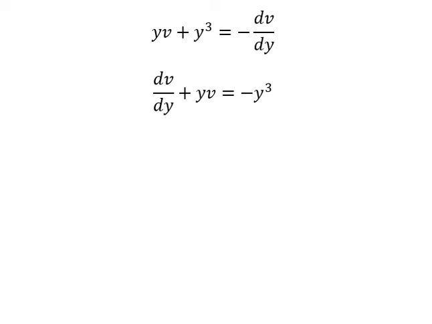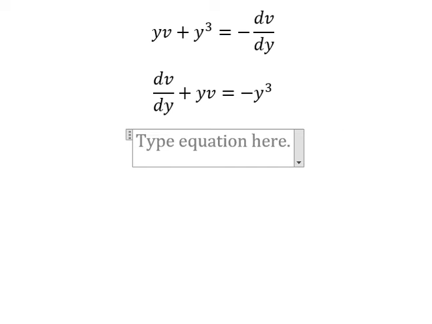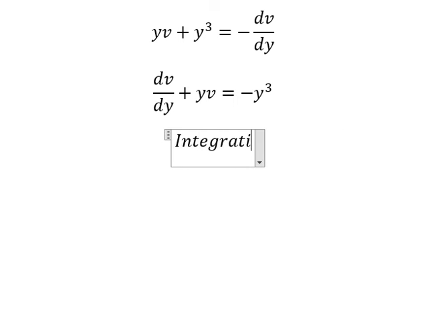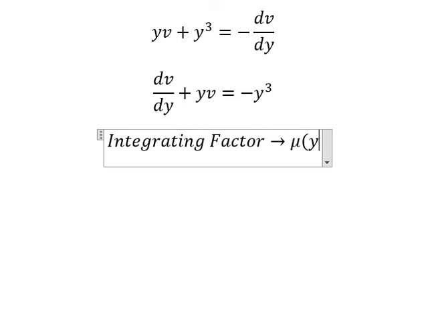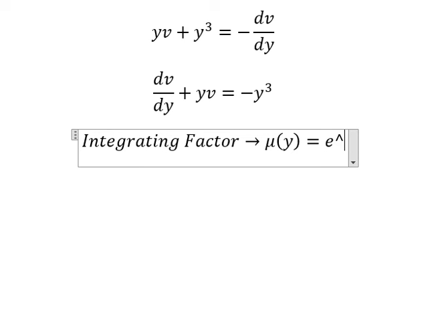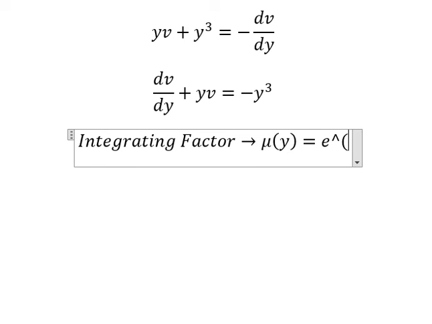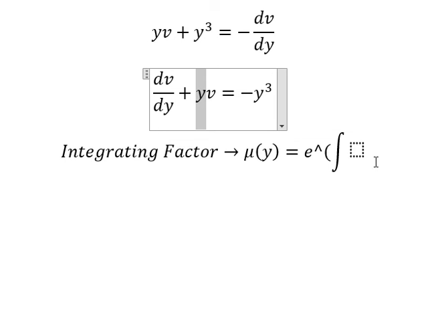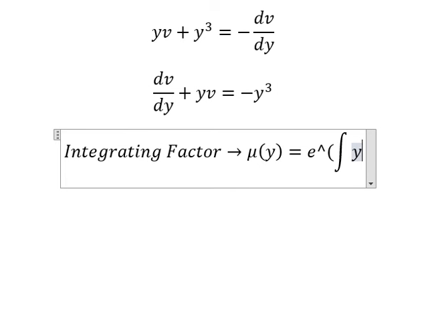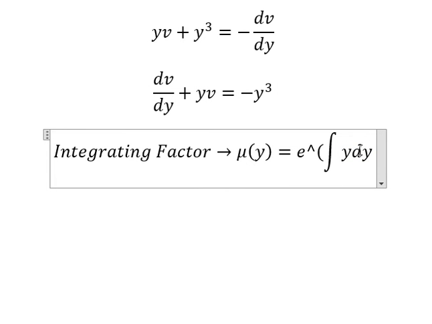So we need to use an integrating factor. So we need to find mu of y equals e to the power of the integration. We see that we have y next to v. So that is the integrating factor.